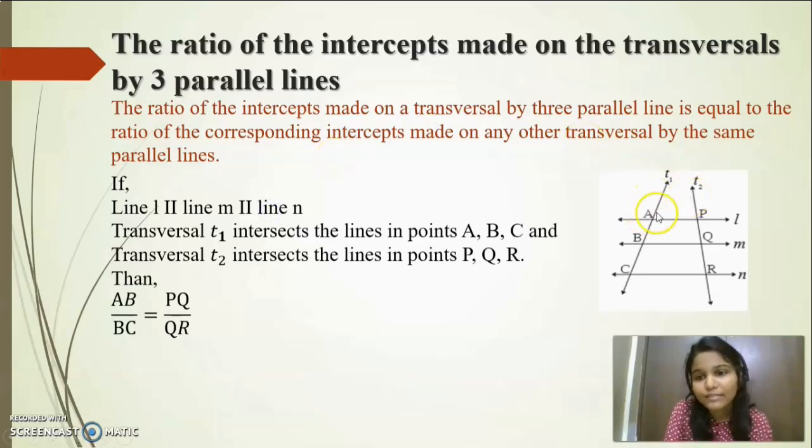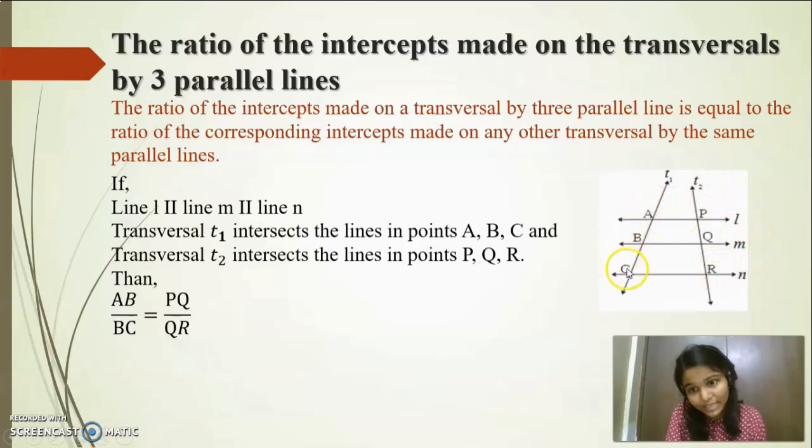Now we have said that these ratios are the same, that is AB upon BC is equal to PQ upon QR. There are two more possibilities. You can even say AC upon BC will be equal to PR upon QR. If you are taking AC in the numerator, that is this segment, then on the right hand side of the numerator you will take PR and nothing else. Please be careful.